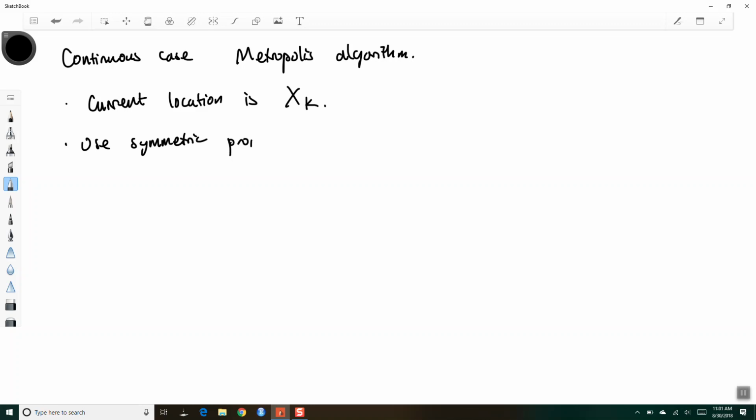Use a symmetric proposal q. Okay, propose value x prime.